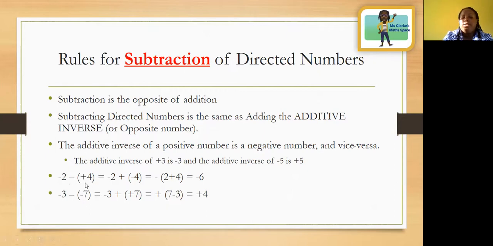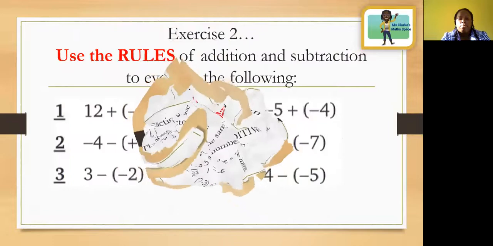The additive inverse of adding 4 would be taking away 4. So now it's going to become add negative 4. So now it becomes negative 2 plus negative 4. And then we just revert back to the rules that we learned just now for adding directed numbers.